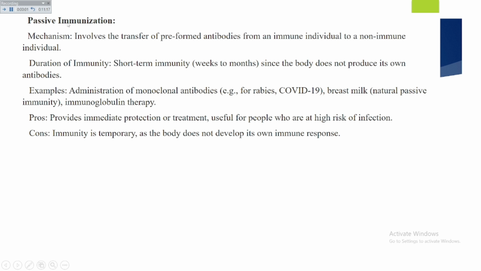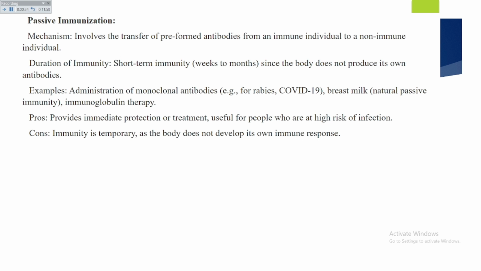We continue with passive immunization, and this is the mechanism of how it works. It involves the transfer of preformed antibodies from an immune individual to a non-immune individual. So it is very different from active, because active is stimulated by infection or vaccine, but here it involves the transfer of preformed antibodies. The duration of passive immunity is short-term.